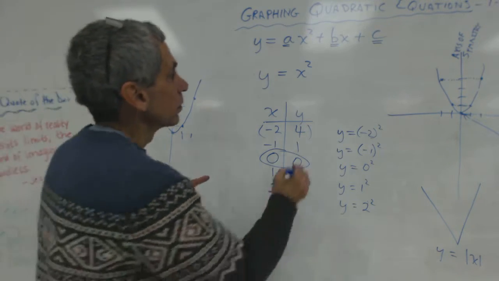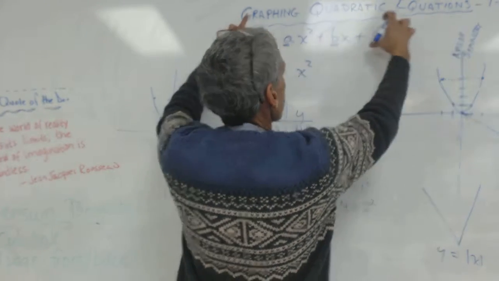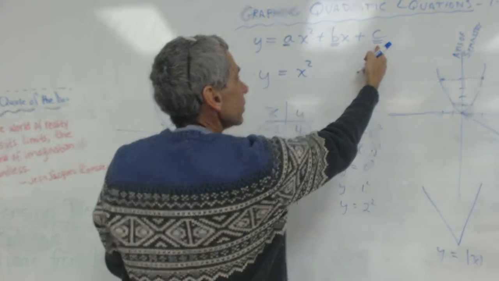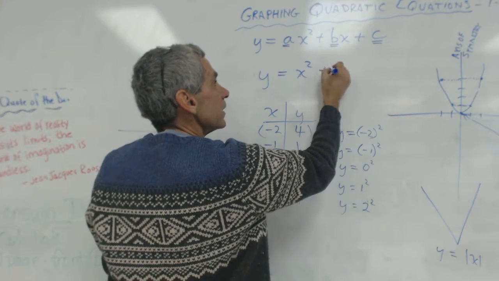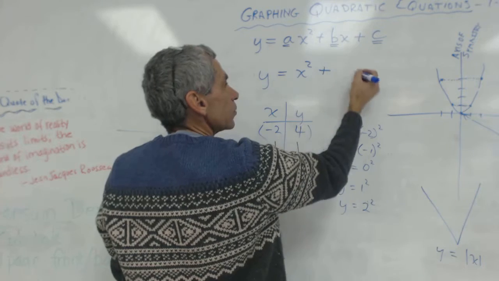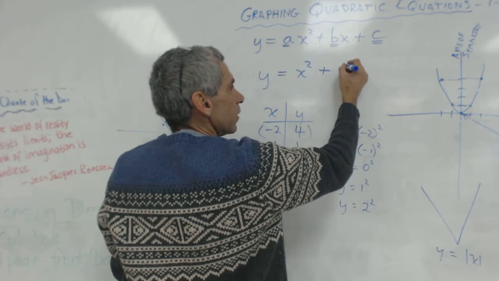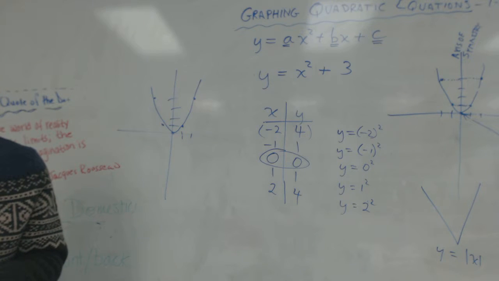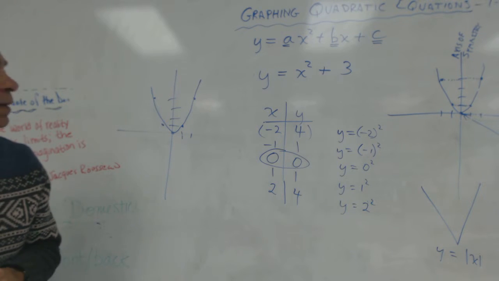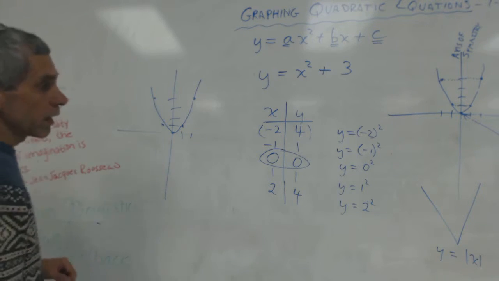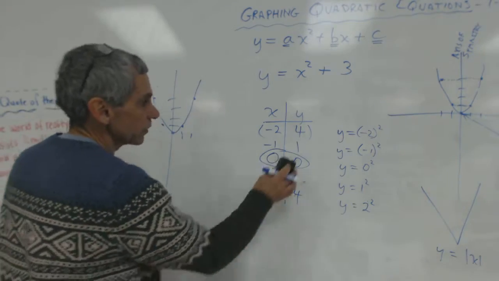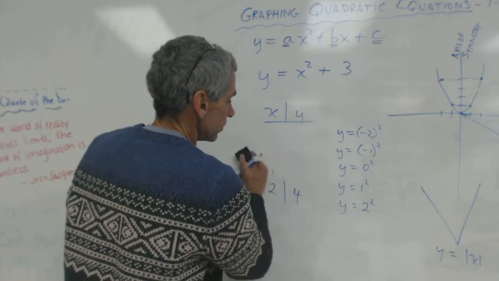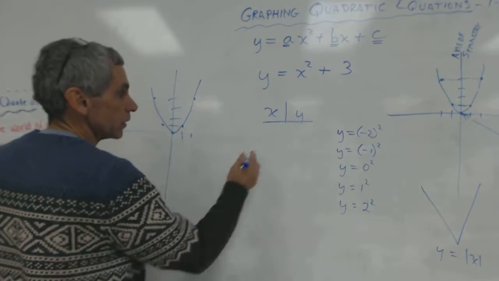Now, notice this. This is my equation. What if I added a c? Let's say we're not going to put a something x. We're just going to add a c. What if I said plus 3? Then you would go up 3. If I was using the t-chart, then I would just have to redo my t-chart, right?